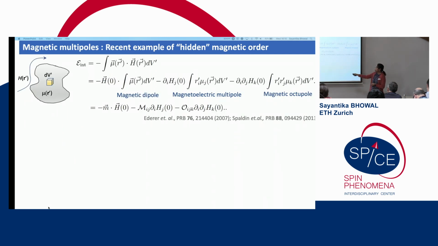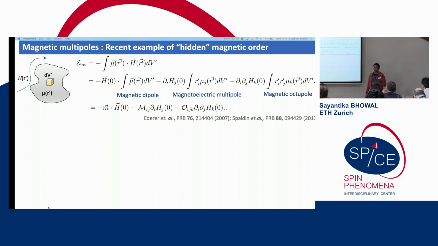Now, the magnetic dipolar term is just one term in the magnetic multipole expansion. So this is the multipole expansion for the interaction energy of an arbitrary magnetization density in presence of an applied magnetic field. Here, this first term is the usual dipolar term that describes this Zeeman splitting.